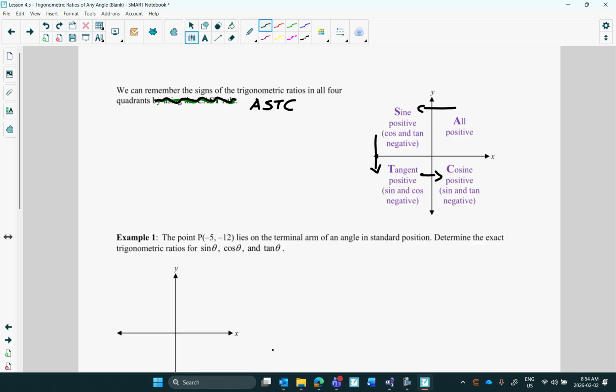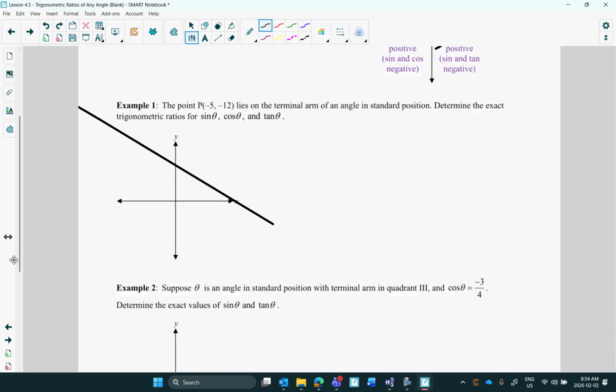All right. So let's do a few questions related to this, where we're not quite ready to start finding specific angles yet.